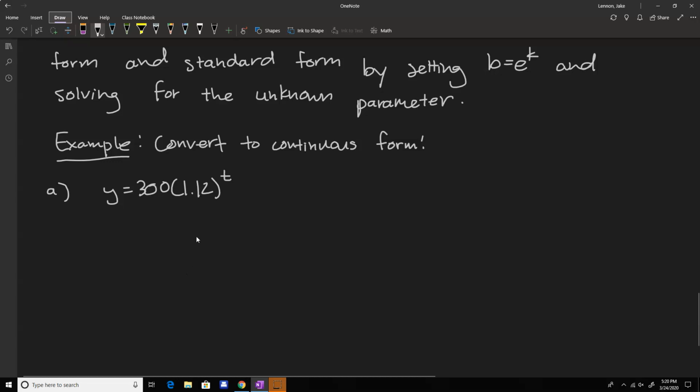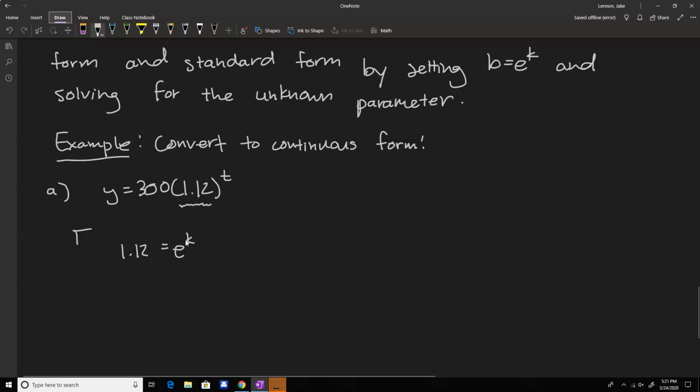When we're converting to continuous form, all we really care about is this base, 1.12, and we're trying to figure out how that relates to that constant k. So basically we write 1.12 equals e to the k, and we want to solve for k. If we want to figure out what k is as a decimal, we have to solve that equation.